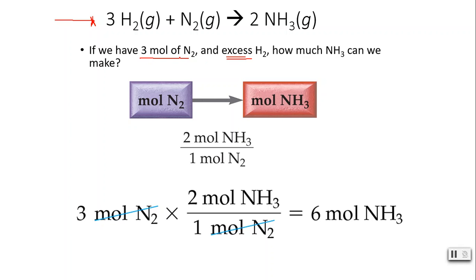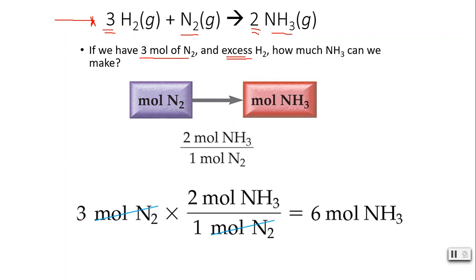If we have 3 moles of N2, I want to know how much NH3 can we make? Well, the only way that I can relate an amount of reactant to an amount of product is through those coefficients of the balanced chemical equation in terms of moles.